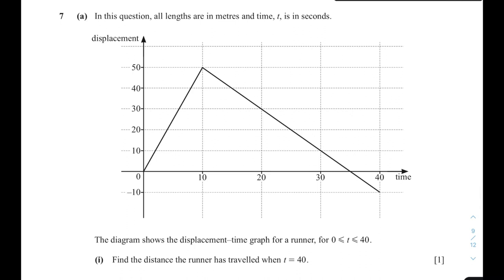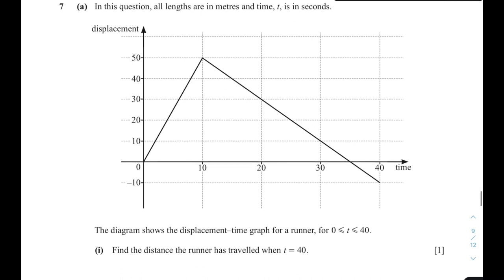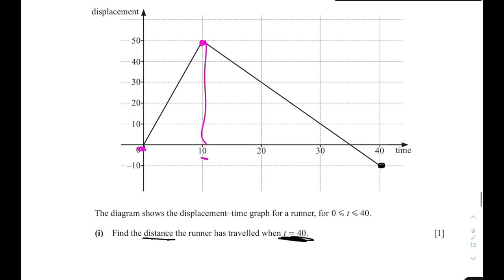Right, then we come to this question. It says that we should find the distance traveled when T equals 40. That means from the beginning all the way to here. First, calculate the distance that the person covered from 0 to 10 seconds. The person covered about 50 meters.